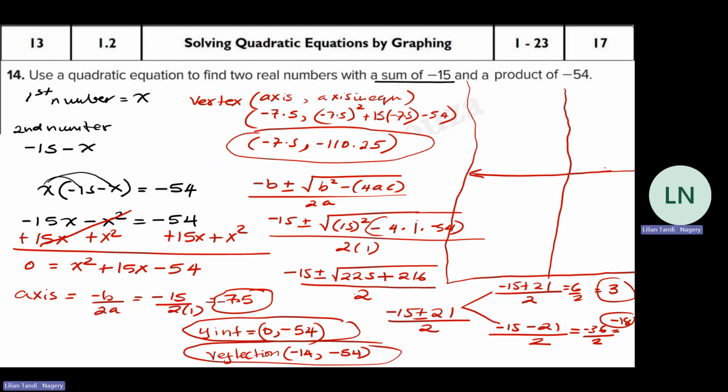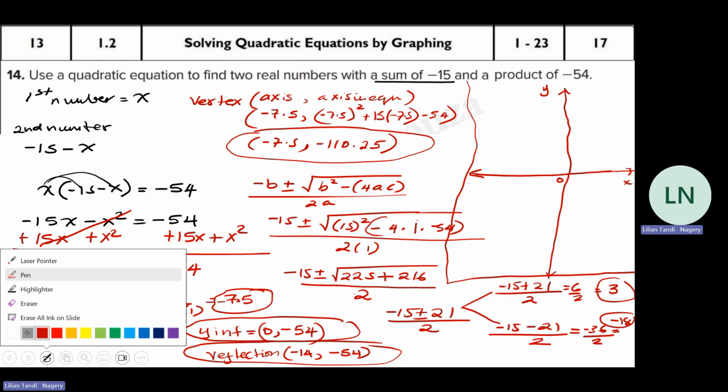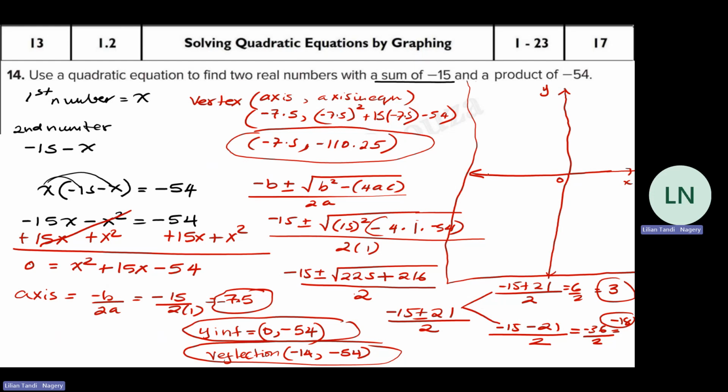All right, so you do that, label X, label Y, and put your origin, okay? Step 1, the answers to your quadratic equation. Your answers were who? Negative 18 and 3.